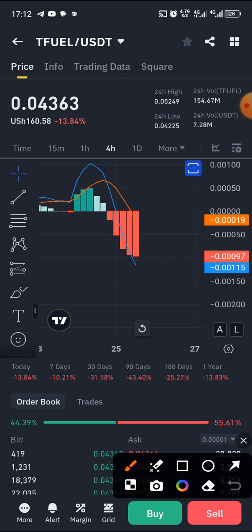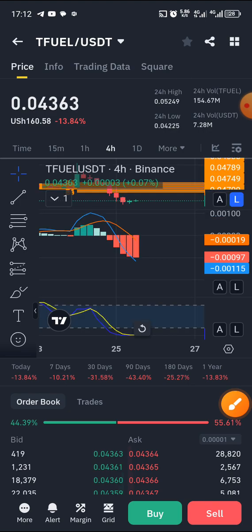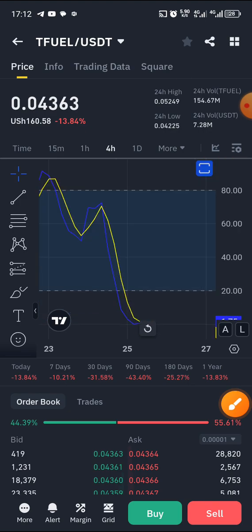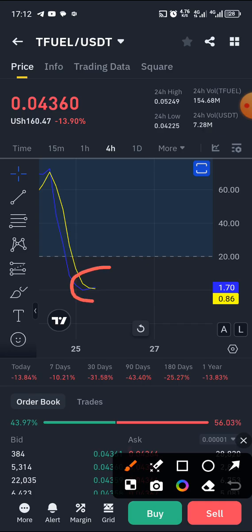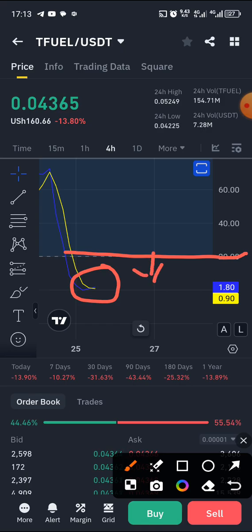Okay, so let's try to look at the RSI. What does it show? You see, it is showing you that it is more than oversold, because our oversold area starts from 20 and goes below, but our signal line is showing 1.8, not even 10, not even 15, not even 5, but 1.